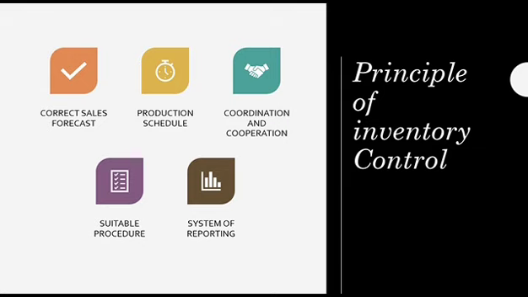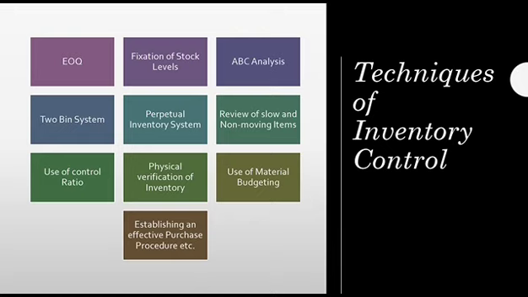Now moving on to the next, we should talk about the techniques of inventory control. As you know, for the effective and efficient control of inventory, generally there are a number of methods and techniques which are used in cost accounting, and these techniques are EOQ, that is economic order quantity. Sometimes we may go for fixation of stock levels, that is reorder level, danger level, maximum level, minimum level.